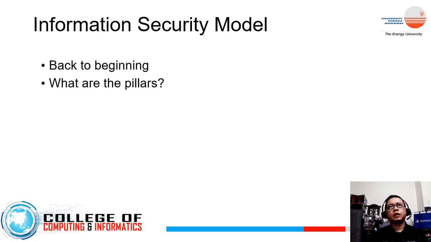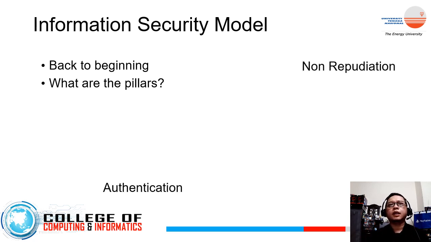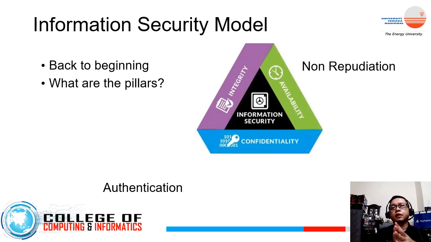So when you look at the services that you are providing, you look back again at the information security model. So back to the beginning, what are the pillars of information or computer security? You will remember that you have integrity, availability, and confidentiality, the CIA. So how do you provide confidentiality to your customer or client? How do you provide integrity?